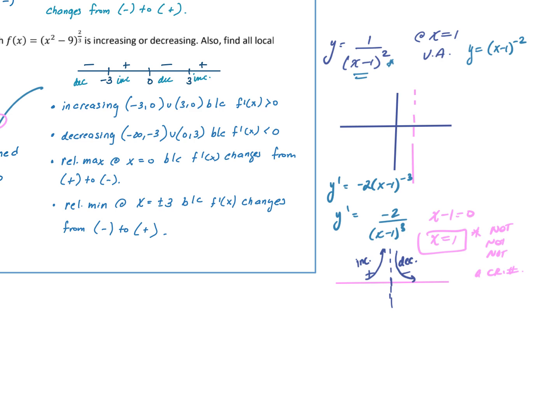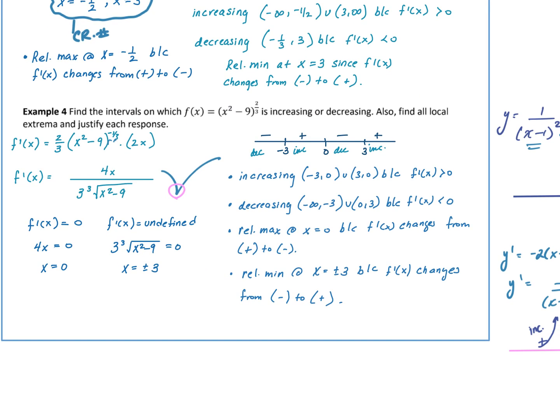That's really important. So the difference with our example was there were no restrictions in the original function. When I took the derivative, I ended up with the denominator, so I got a restriction in my derivative. All it means is that it's not differentiable, but it's continuous. I hope you make sense of that, because that is so important.